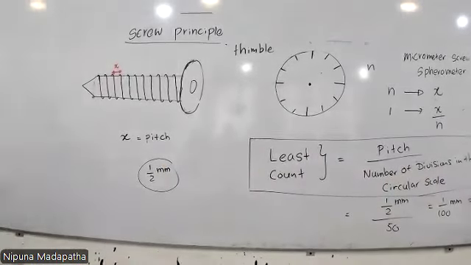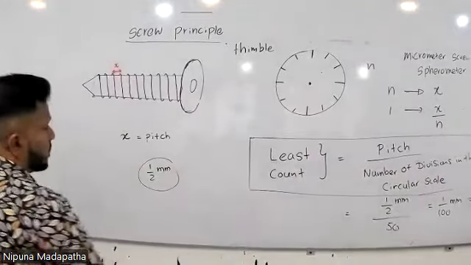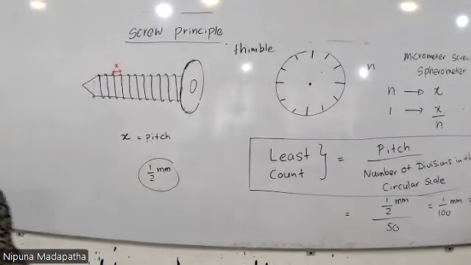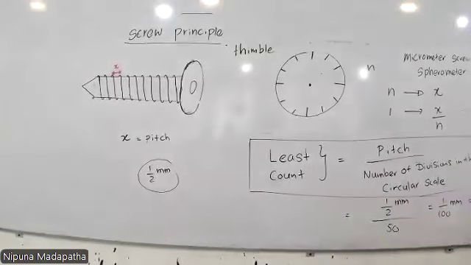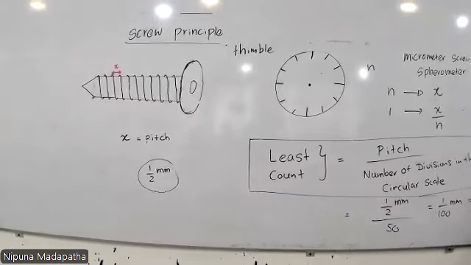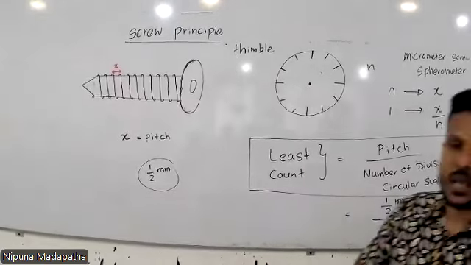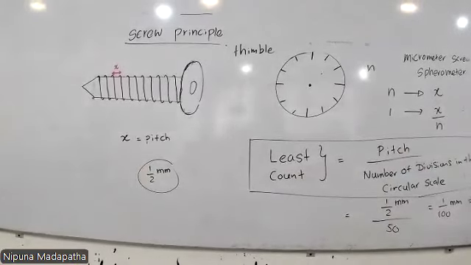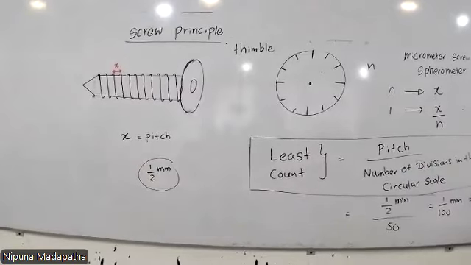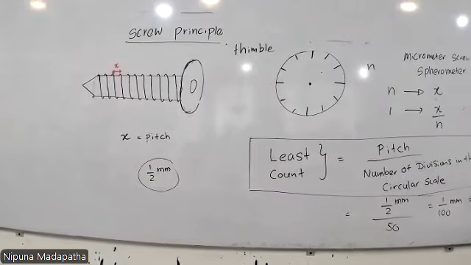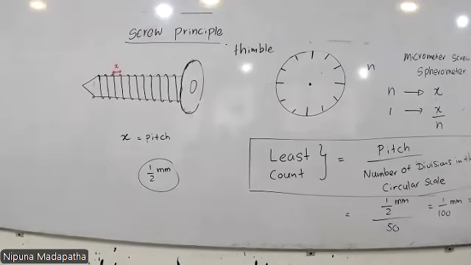Least count equals pitch over number of divisions in the circular scale.